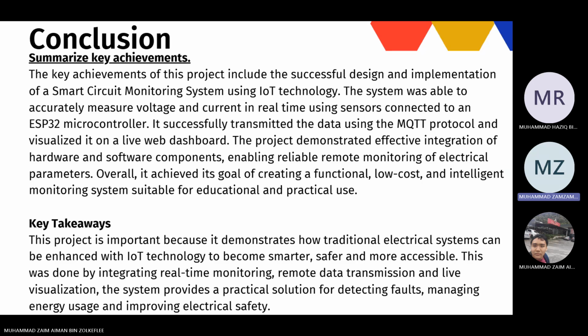It successfully transmitted data using the MQTT protocol and visualized it on a live feed dashboard. This project has demonstrated the effective integration of hardware and software components, enabling reliable remote monitoring of electrical parameters. Overall, it has achieved its goal of creating a functional, low-cost, and intelligent monitoring system, suitable for educational and practical use.